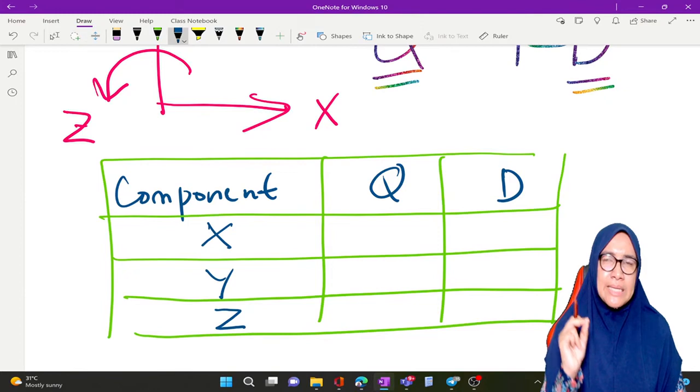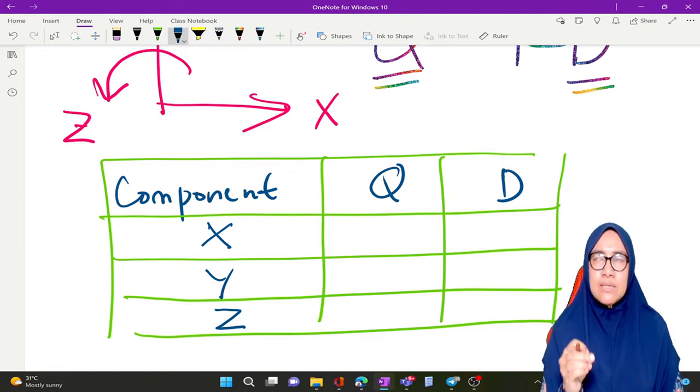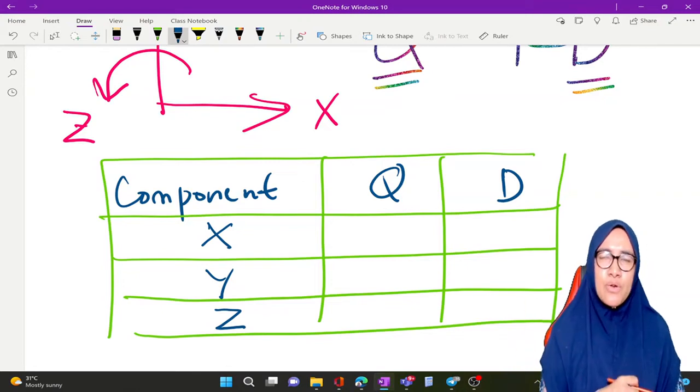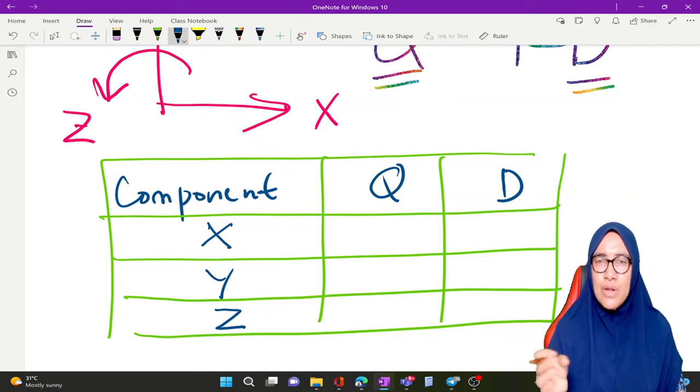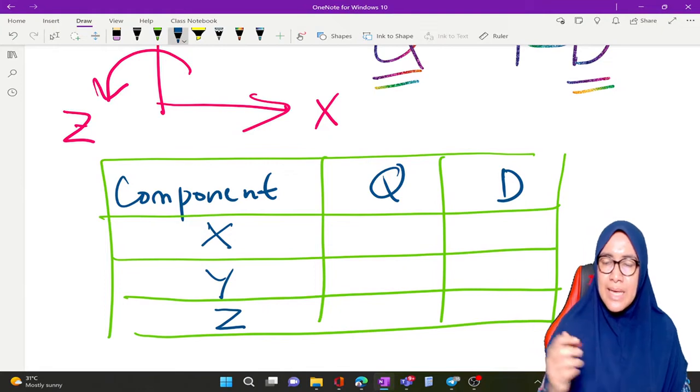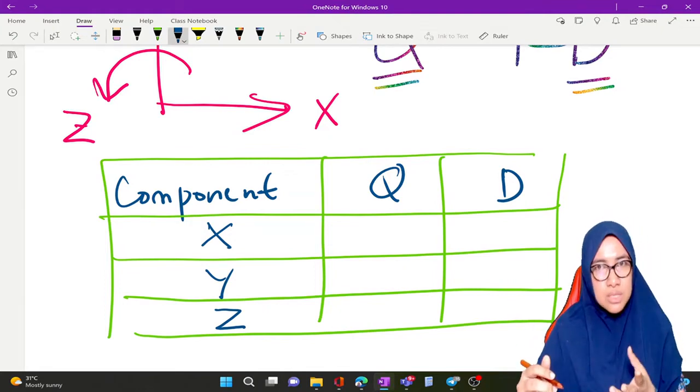If it is Q, if it is force relating with X component, it is horizontal force.